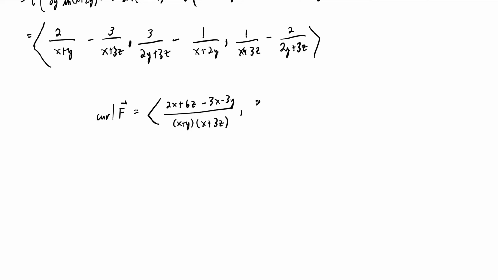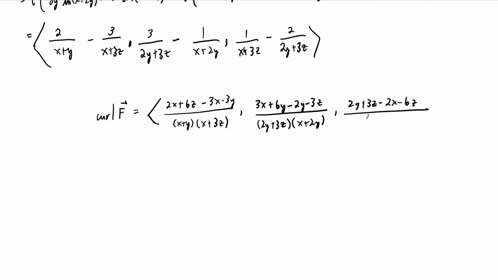On this one we have 3x plus 6y minus 2y minus 3z all over the denominator of this one, which is 2y plus 3z times x plus 2y. And then finally on this one we have 2y plus 3z minus 2x minus 6z all over this denominator, x plus 3z times 2y plus 3z.